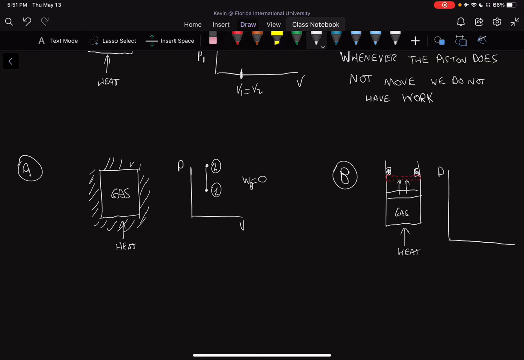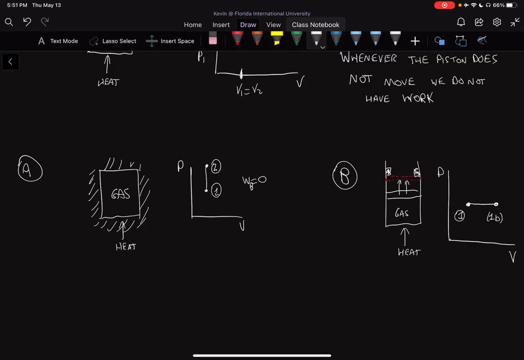We'll do some examples in part 2, so do not worry if you're not completely following, but this is definitely helpful for theory. Position 1 would start here, and then we would have a process that goes to 1B. We're going to call this 1B, and 1B would be as soon as the piston reaches the stops.